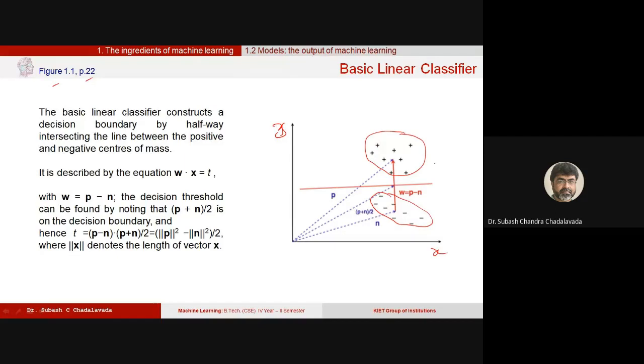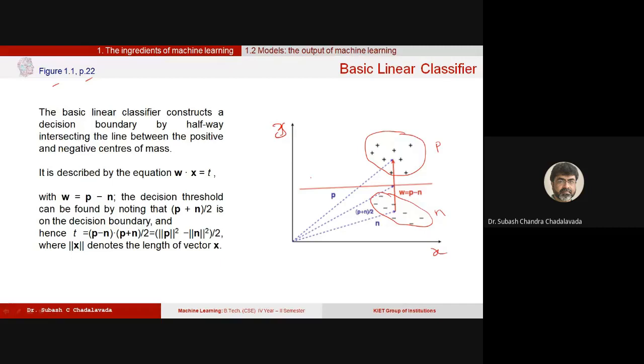Let's name the pluses as positive, P, and the minuses as negative, N. Now there are two sets of instances. In the basic linear classifier, you draw a line or a boundary between these two sets of instances.